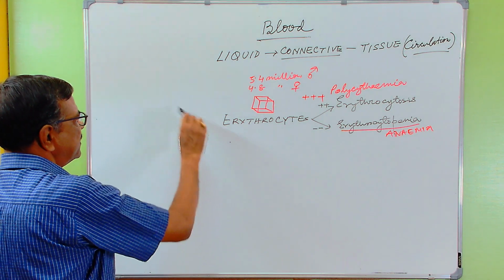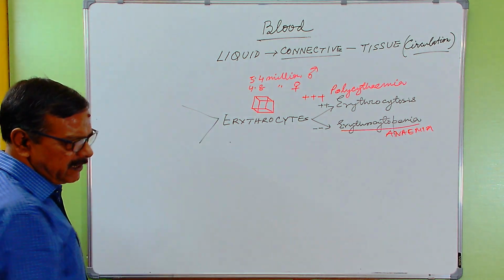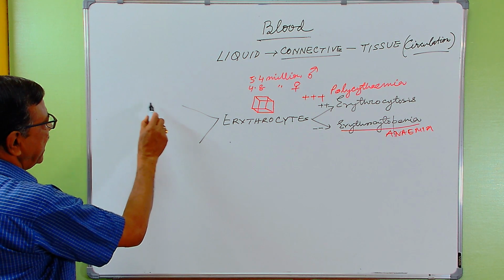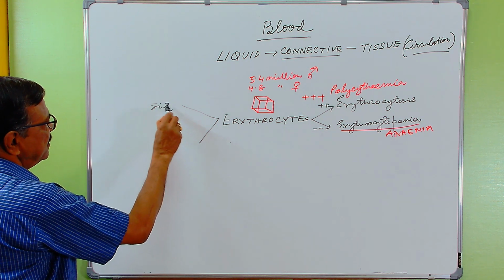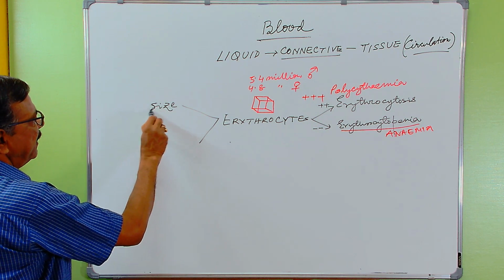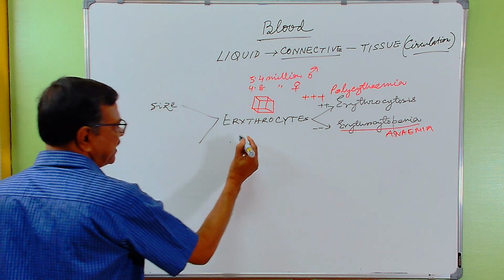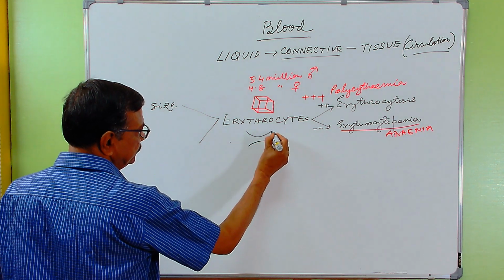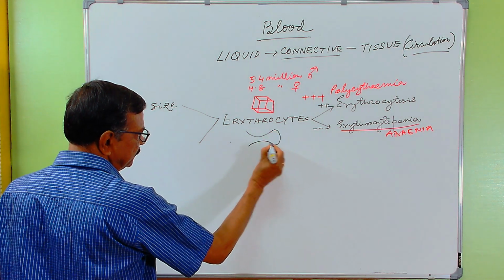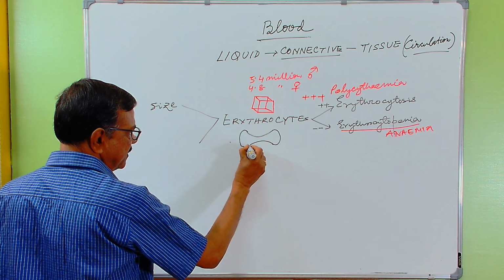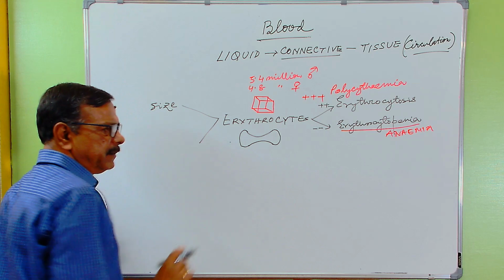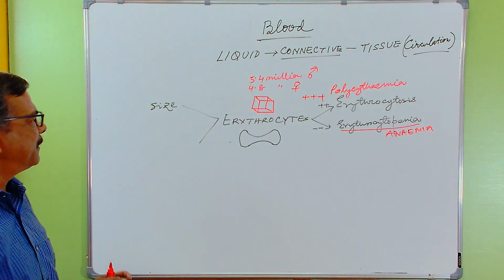If there is variation in size, variation in shape. Say for example, variation in size of the erythrocytes. Erythrocytes are like this, biconvex, biconcave. This is the structure. It's biconcave, and does not have a nucleus.